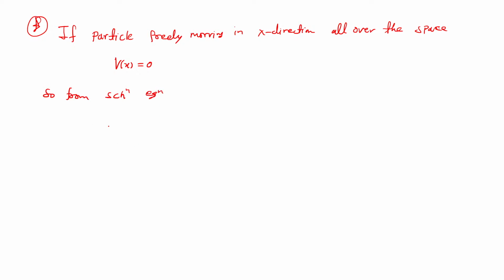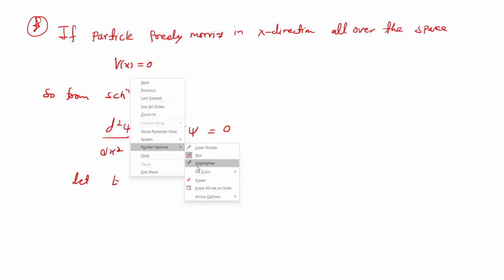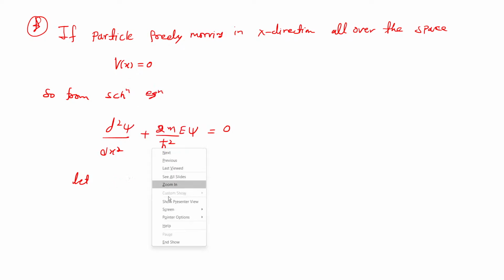From the Schrodinger equation, we can get d2 psi over dx square plus 2m upon h cut square E psi equals 0. Here we can suppose that this factor 2mE upon h cut square is k square. So this is a differential equation. What will be the solution of this differential equation?